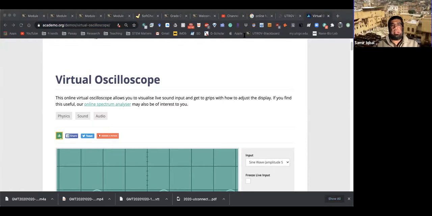Let me share that in the chat so you can pop that up on your screen as well, because I would want you to do these things for this lab using this oscilloscope. It's a virtual oscilloscope. All right, everybody got access to this thing?